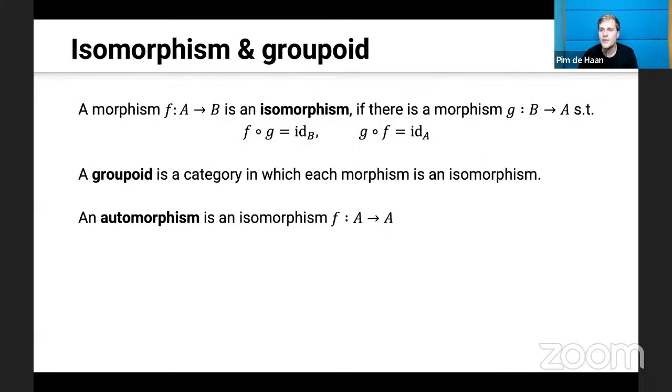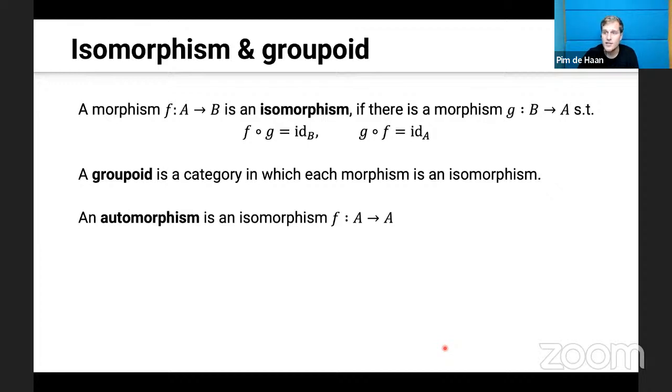In any category, we can identify a certain class of special morphisms called isomorphisms. Isomorphisms are morphisms from A to B such that there is a morphism from B to A, where if you pre- or post-compose the first morphism with the second, you get the identity. This is just a generalization of an invertible map from sets to general categories.